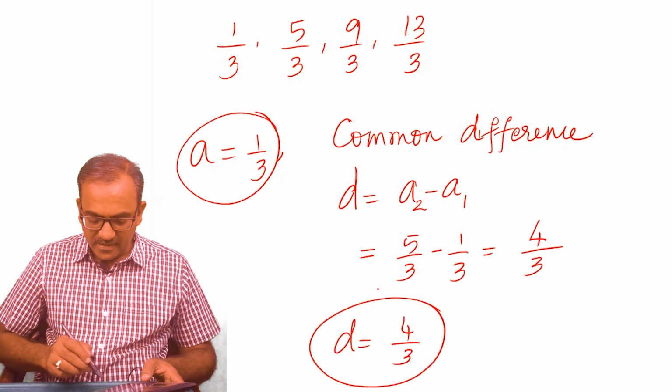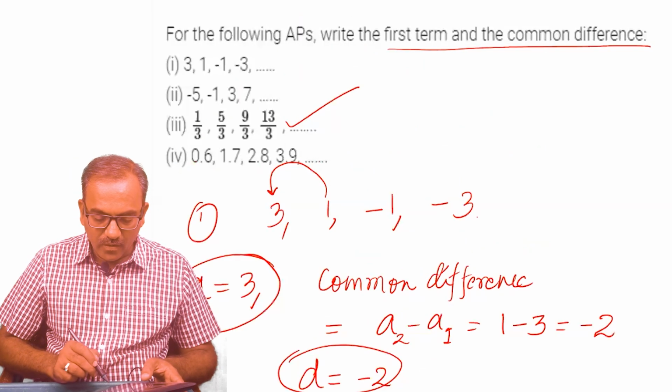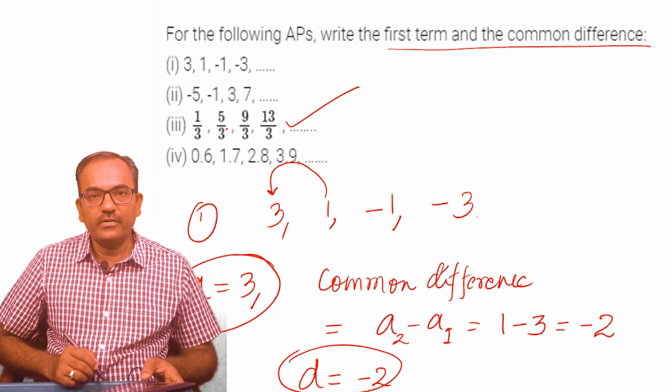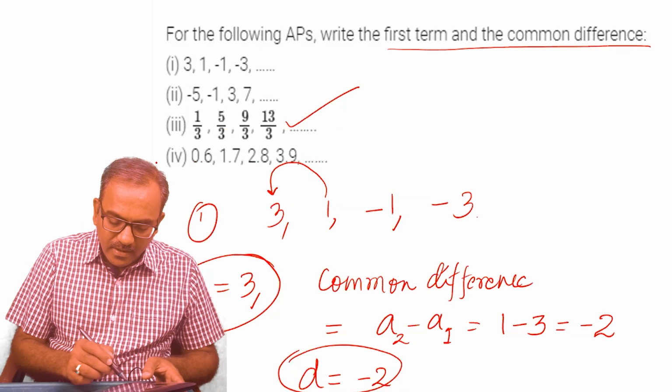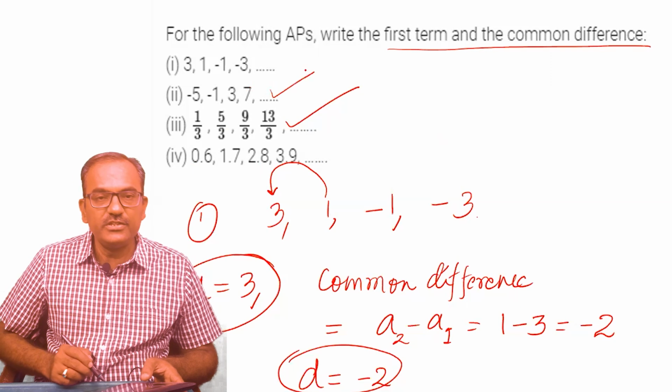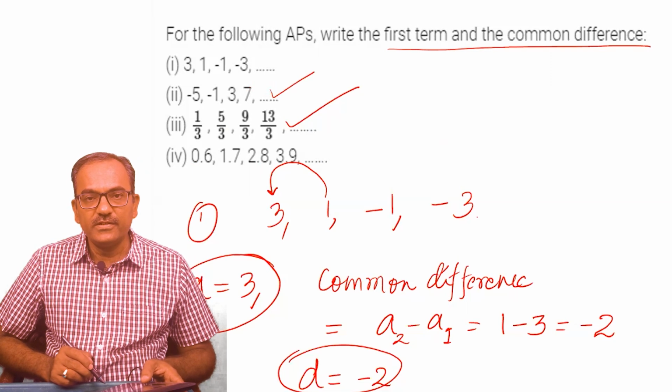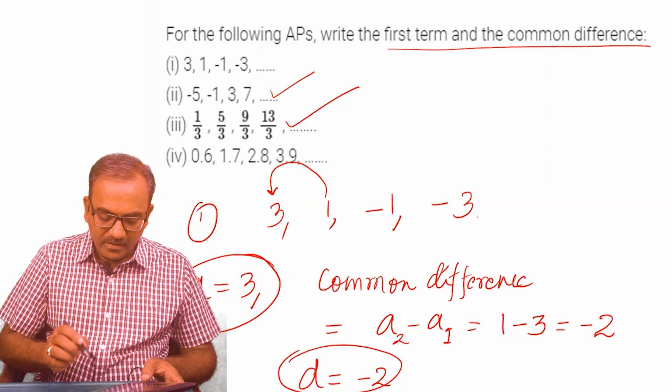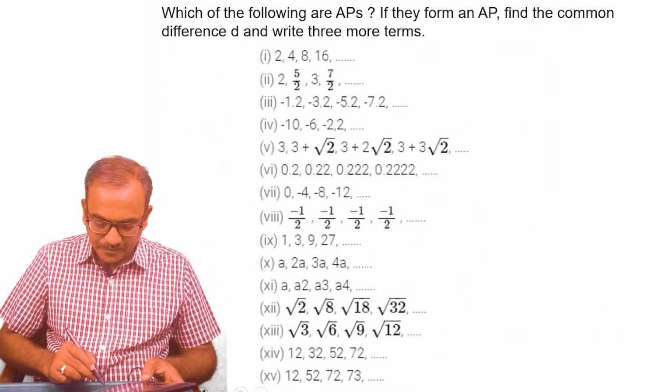On similar lines, I think you can find out the other answers also. Let me take a simple question here which involves negative integers: minus 5, minus 1, 3 and 7.